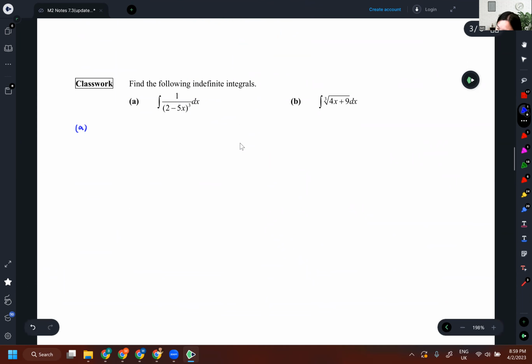This short version, for 2 minus 5x, is very useful, because this one I will get negative 1 over 5 d(2 minus 5x).